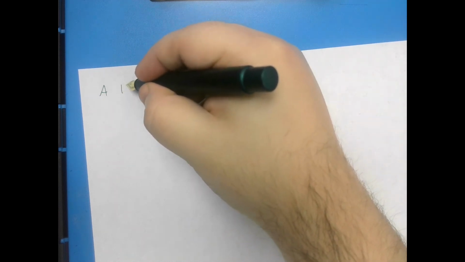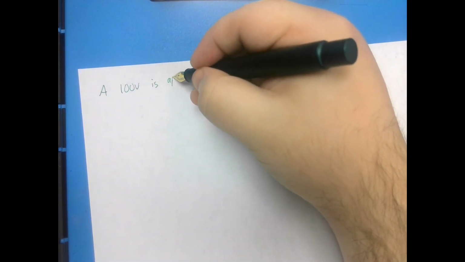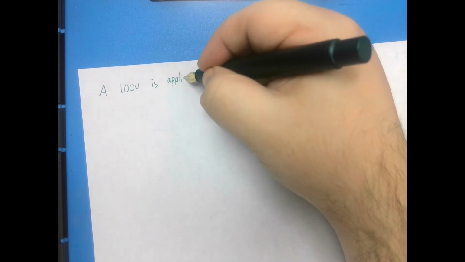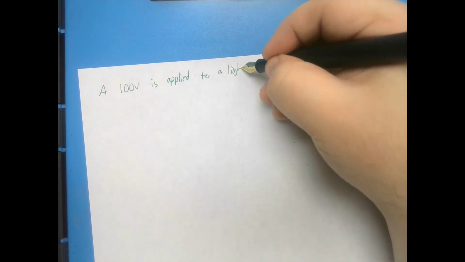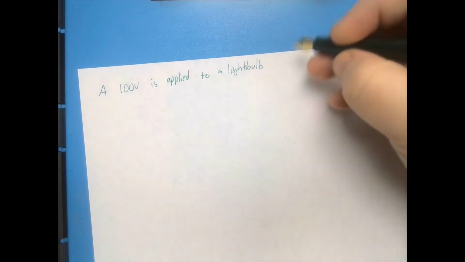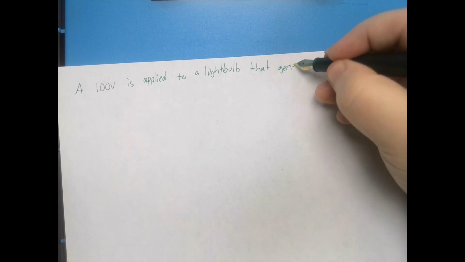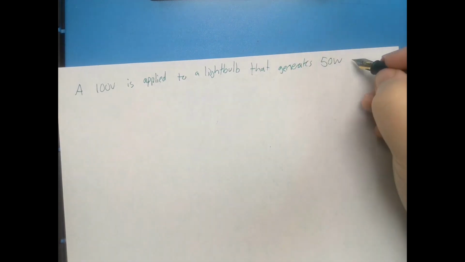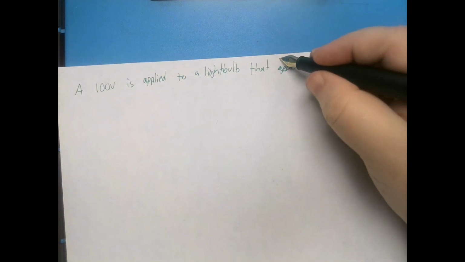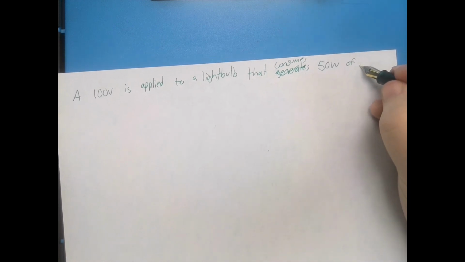100 volts is applied to a light bulb that consumes 50 watts of power.